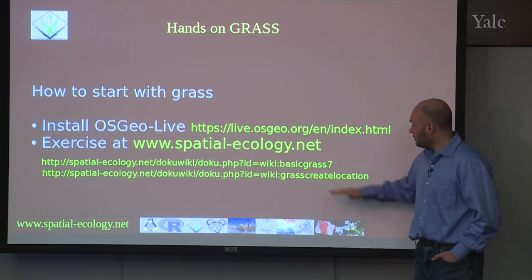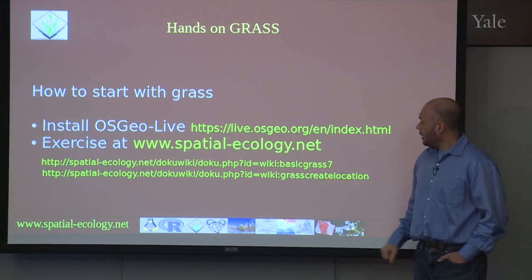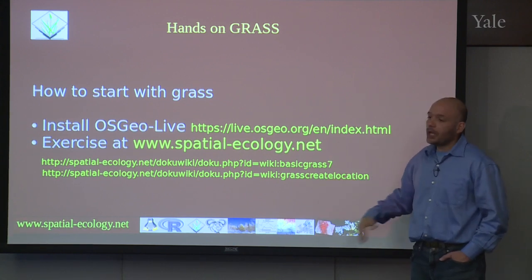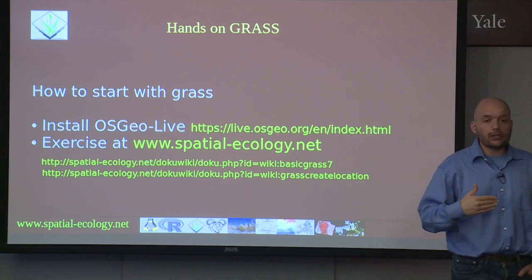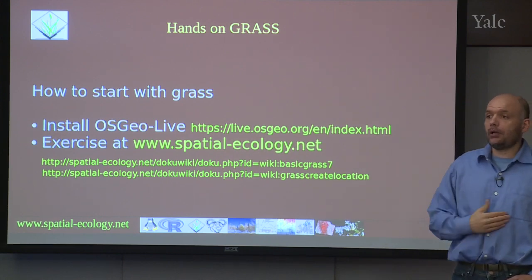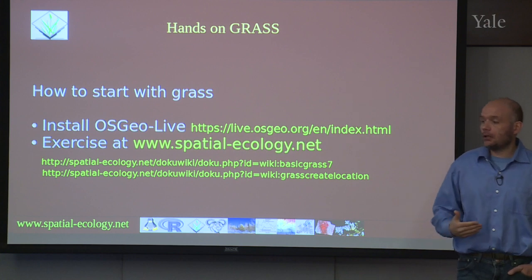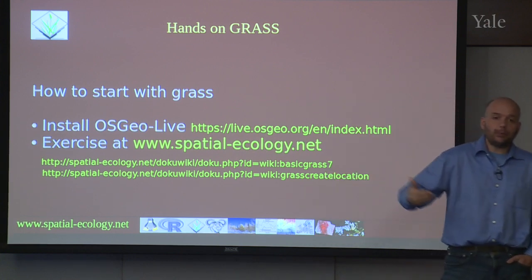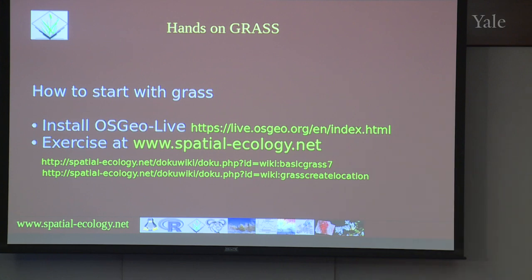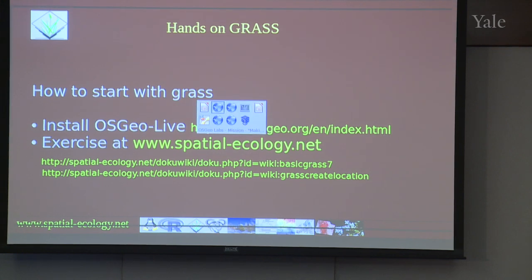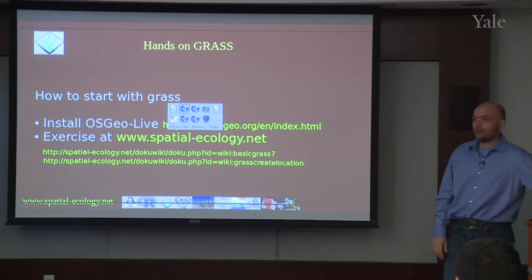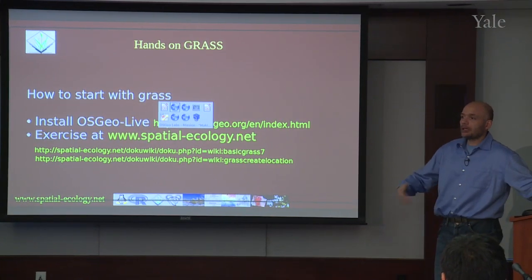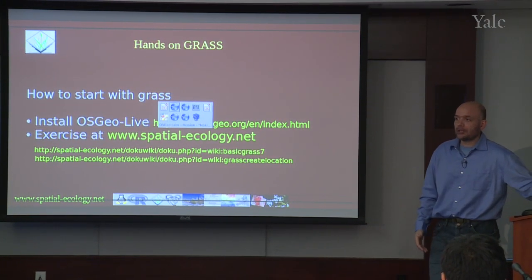And this second one is going to be to create a location completely from scratch, when you have a database, a file, a TIFF, that you are going to use to build up your location and mapset. Okay? Ready? Any question on this? I think the questions will come out during the exercise. Okay?